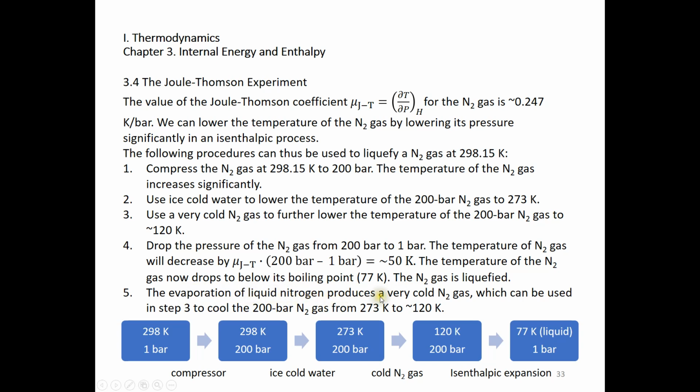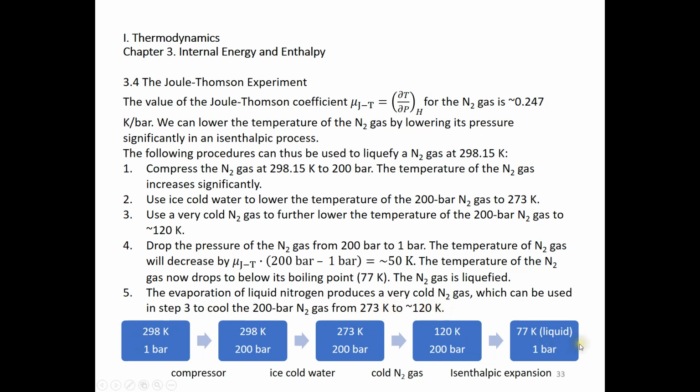It produces a very cold nitrogen gas, which can be roughly 120 Kelvin or even lower. So we can use this very cold nitrogen gas to cool the 200 bar nitrogen from 0 degrees Celsius to roughly 120 Kelvin. This is pretty cold. This is negative 150 degrees Celsius.